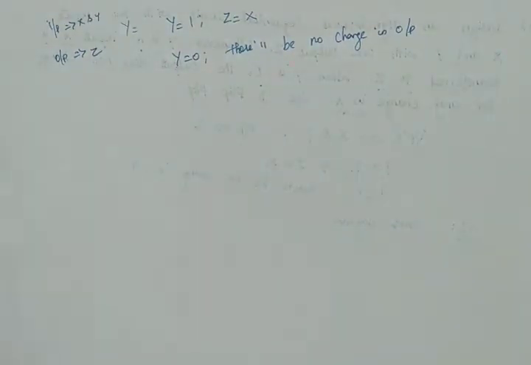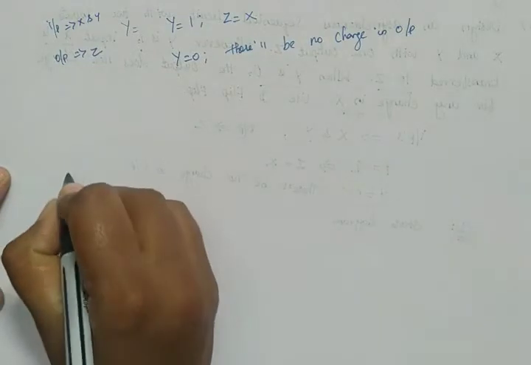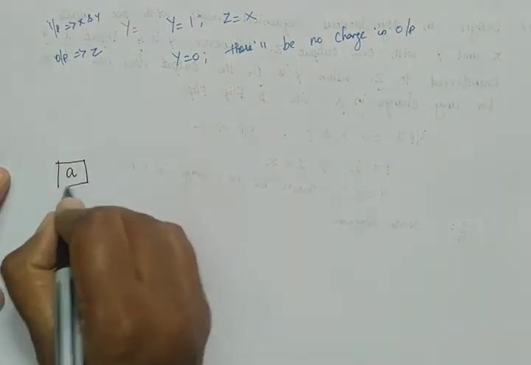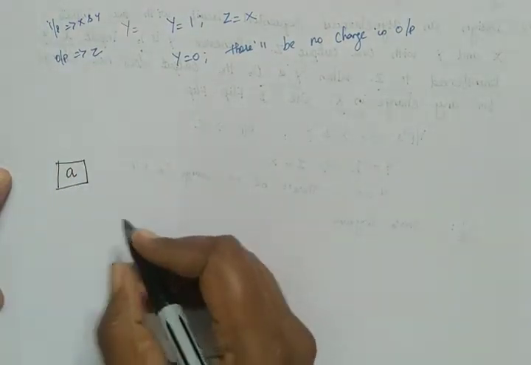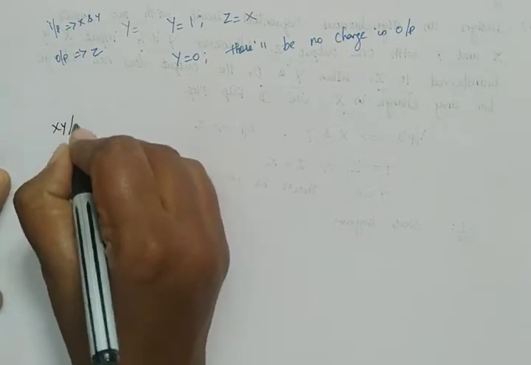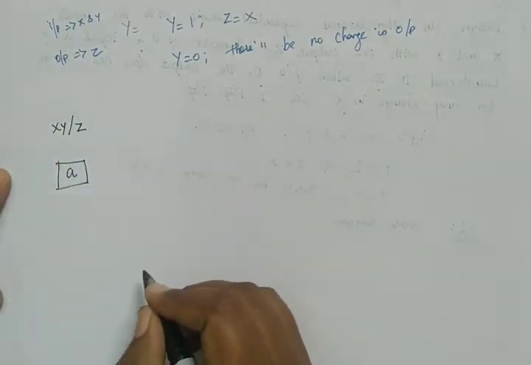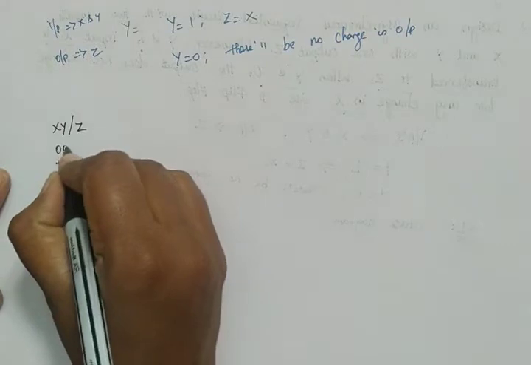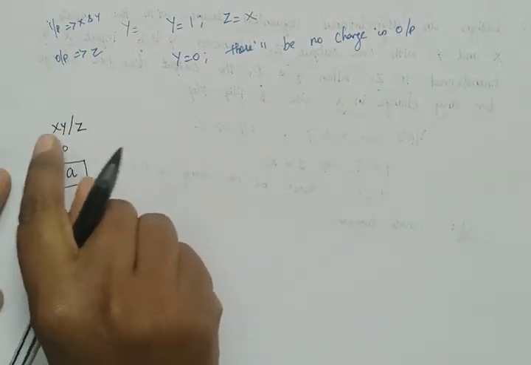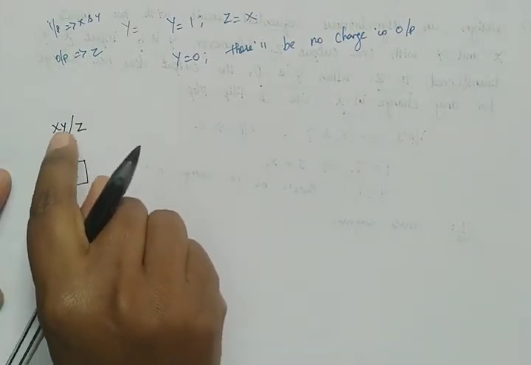Once we understand the question and draw the state diagram, then the entire sum will be over. So let us take the first state as A. We have two inputs X, Y and the output is Z. The first input is 0, 0 because here we have only two inputs, so only 2 bits.